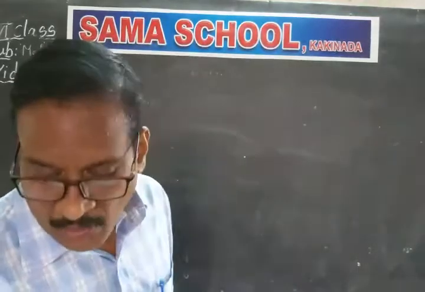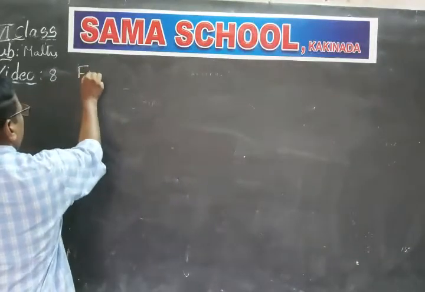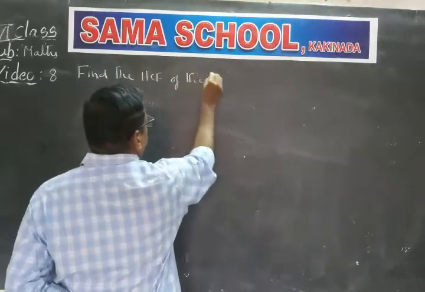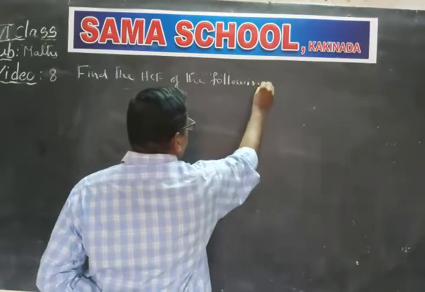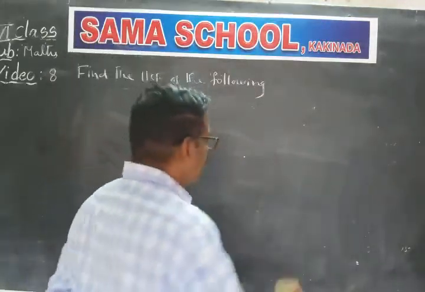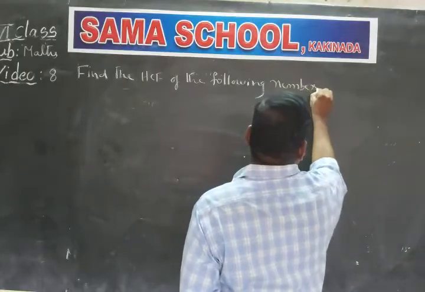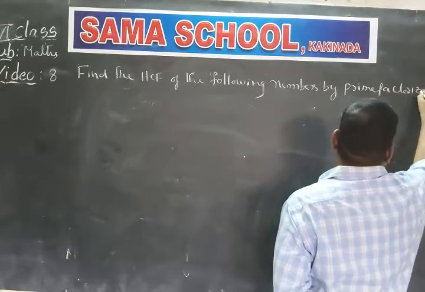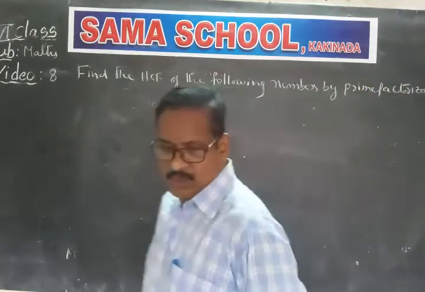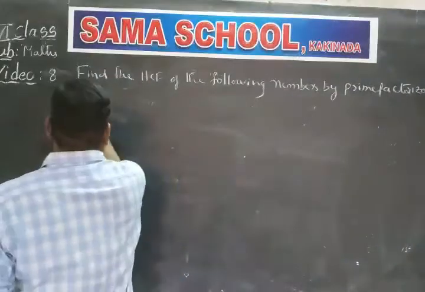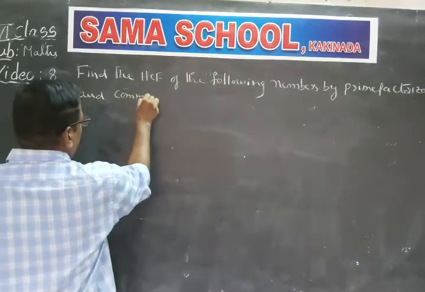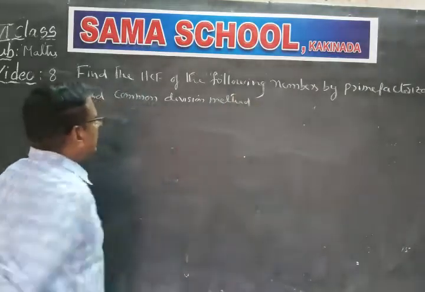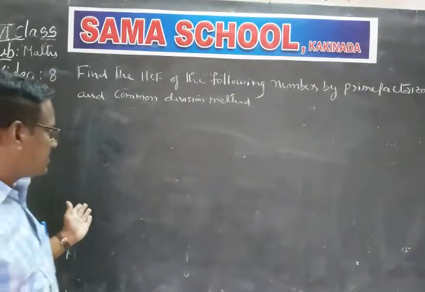Good. Now, let us explain. Find the HCF of the following numbers by prime factorization and common division method.